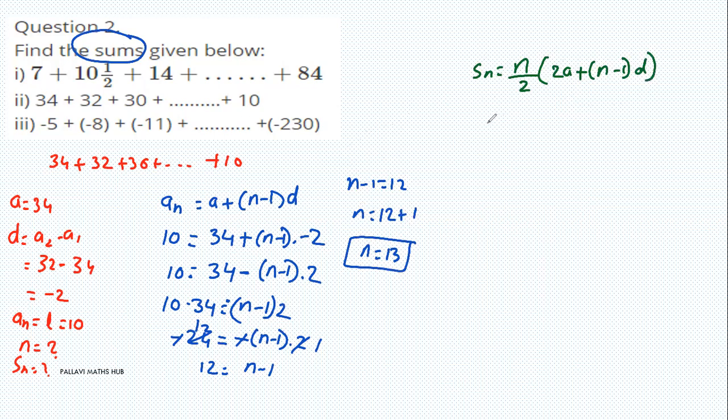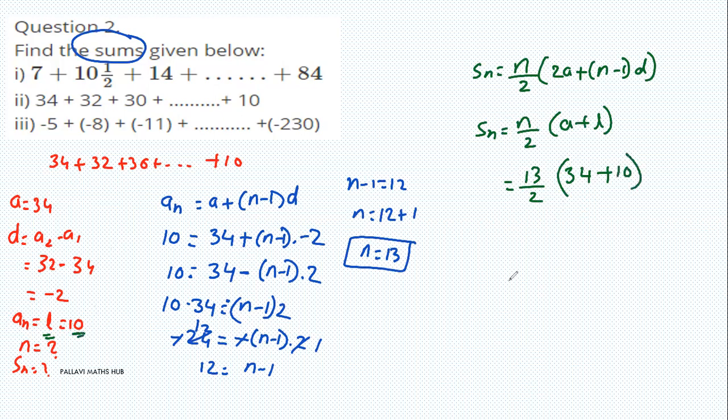But here the last term is given, so you can apply n by 2 into a plus l. The value of n is 13, so 13 by 2 into the value of a, the first term, is 34, plus L, the last term, is equal to 10. I'm substituting the values.